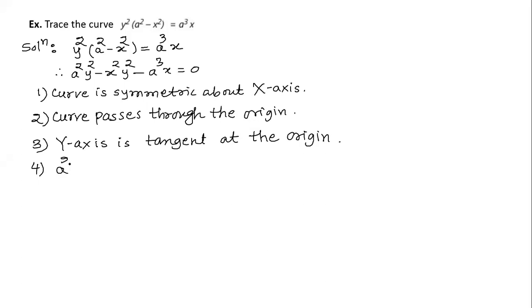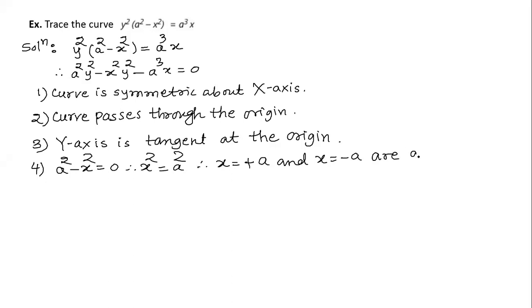So a square minus x square equal to 0. Therefore, x square equal to a square, and therefore x equal to plus a and x equal to minus a are asymptotes parallel to the y-axis.